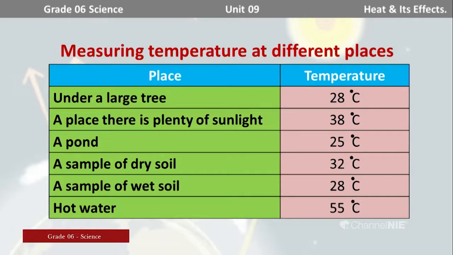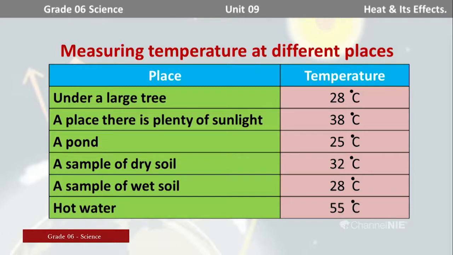You can take a sample of soil from a dry place, and a sample of wet soil. You can get a sample of soil from a muddy puddle, and hot water. Then I have recorded the temperatures at different places.